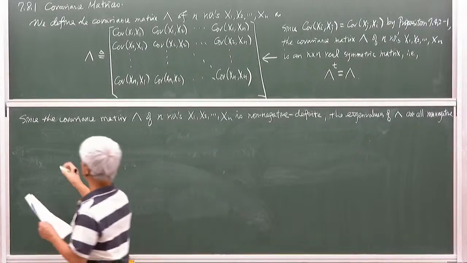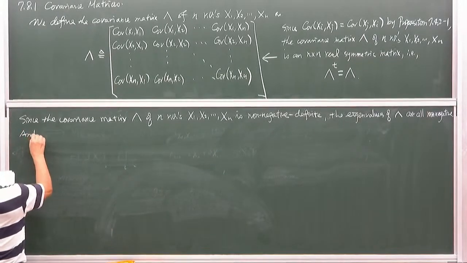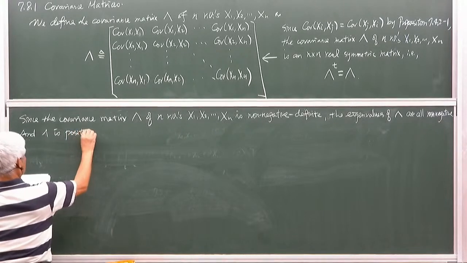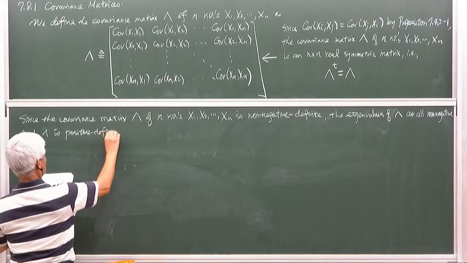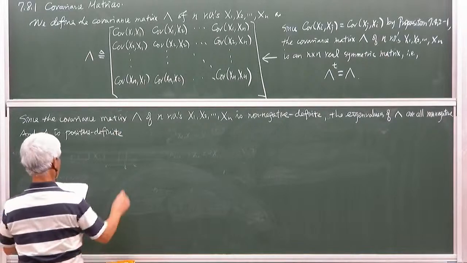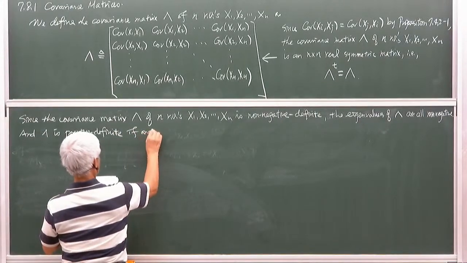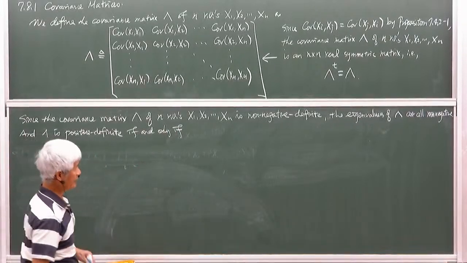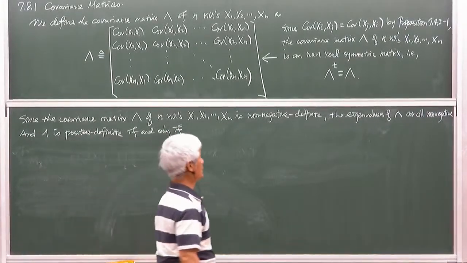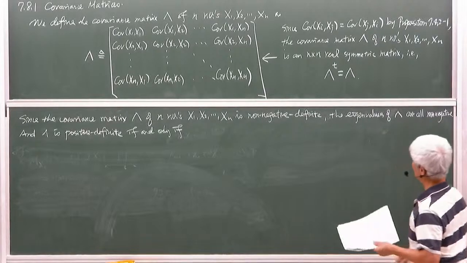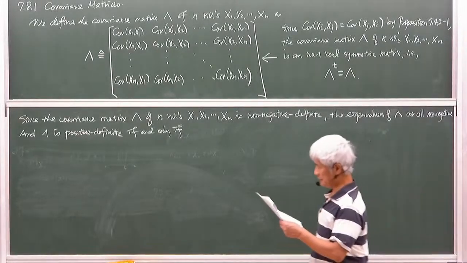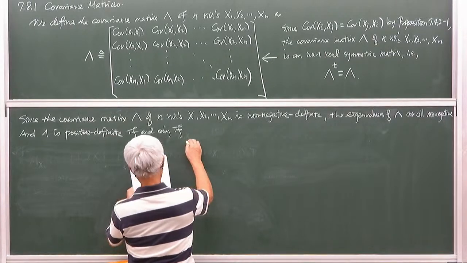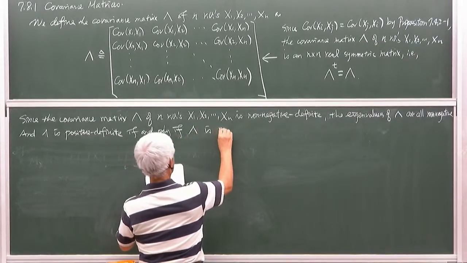And if lambda is positive definite, which means that all eigenvalues are positive, so that there are no zero eigenvalues, and because there are no zero eigenvalues, if and only if lambda is non-singular.